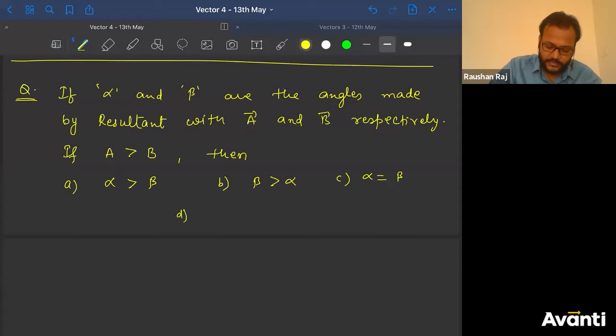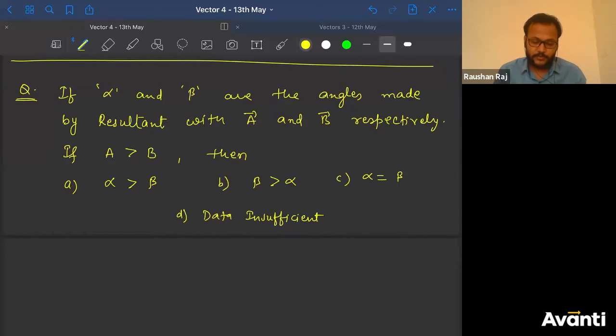Option D, data insufficient, that means you cannot find the relation between alpha and beta; you need some more data.